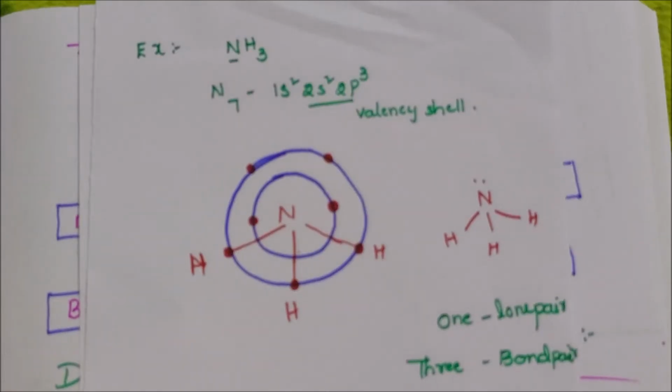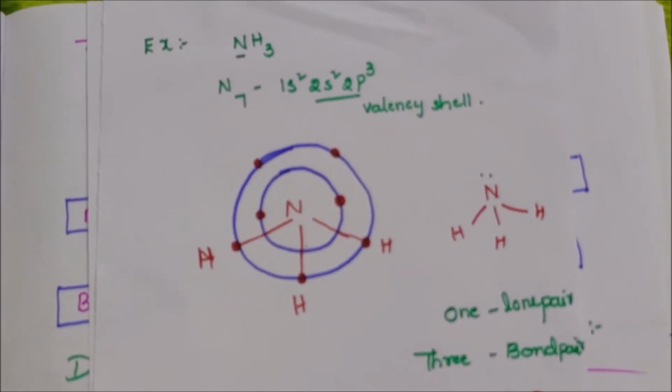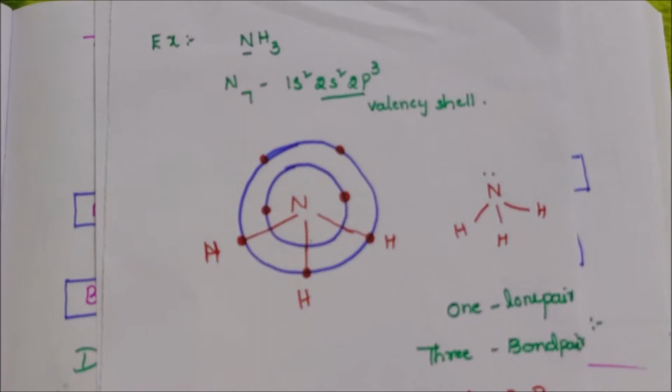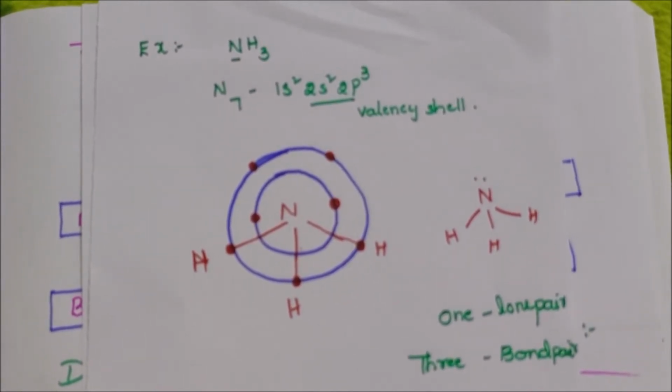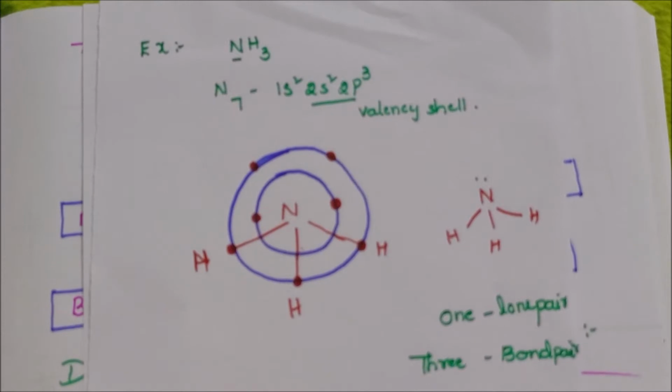Consider ammonia as an example for lone pairs and bond pairs. The chemical formula of ammonia is NH3. In NH3, nitrogen is the central atom, and the atomic number of nitrogen is 7.